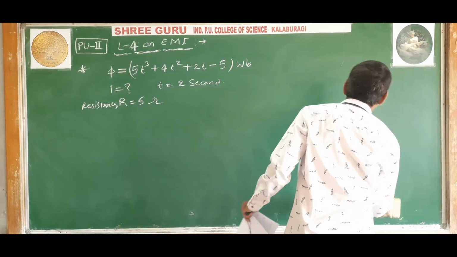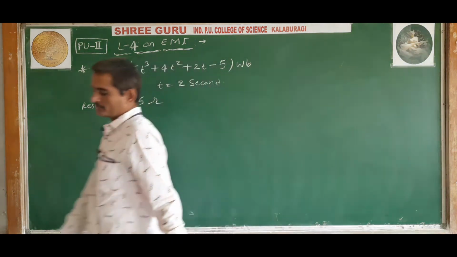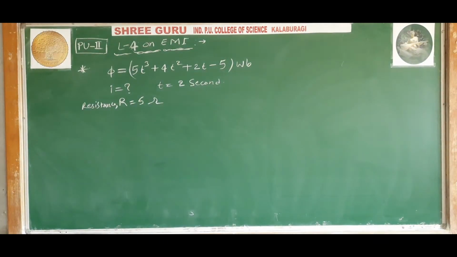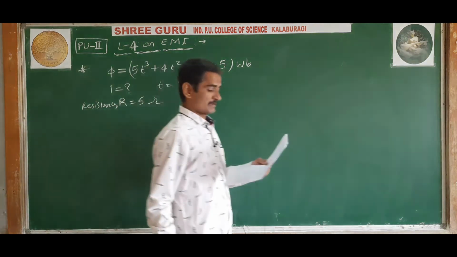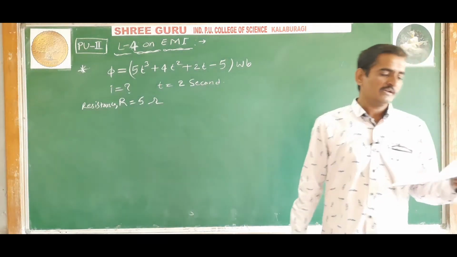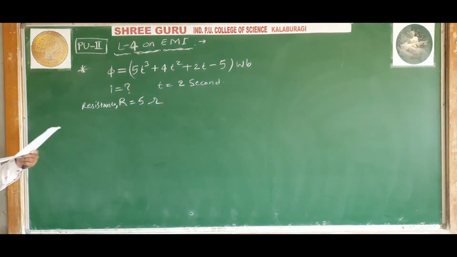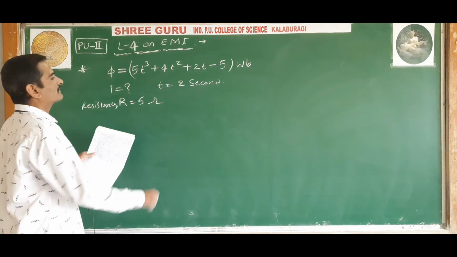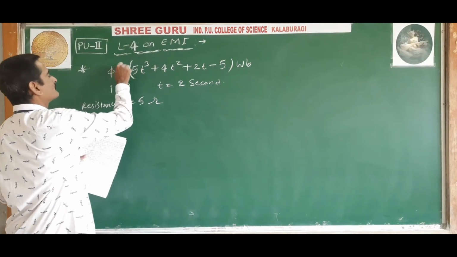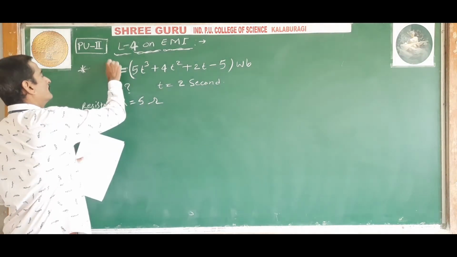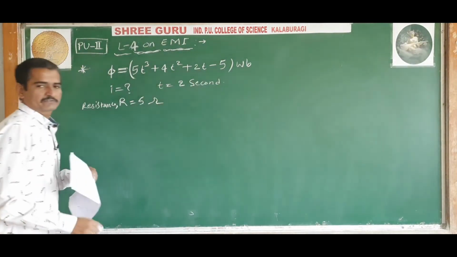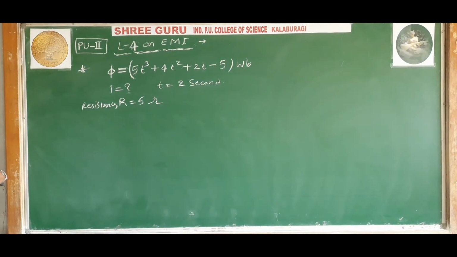See what he has given. Read the question. The magnetic flux through a coil perpendicular to the plane is varying according to the relation phi is equal to 5t cube plus 4t square plus 2t minus 5. So this is the varying magnetic flux, that is, changing magnetic flux.